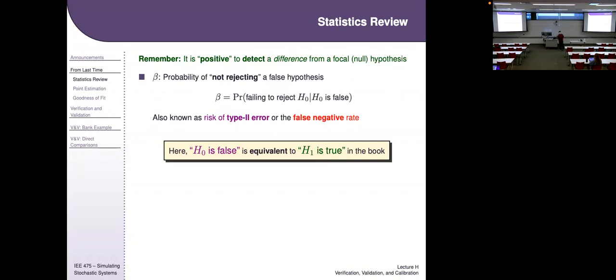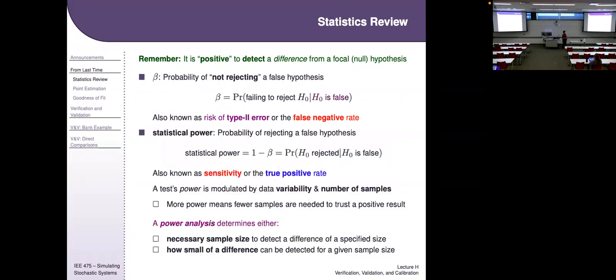So it gets a little funny: if you're null focused, a positive result is detecting a false; if you're alternative focused, it's sort of like detecting a true. It gets a little tricky, but that's why we really want to be very explicit about what our null is, and that we're rejecting a null, or detecting a deviation from a null.